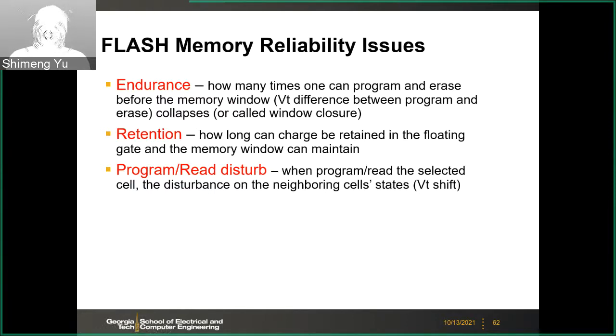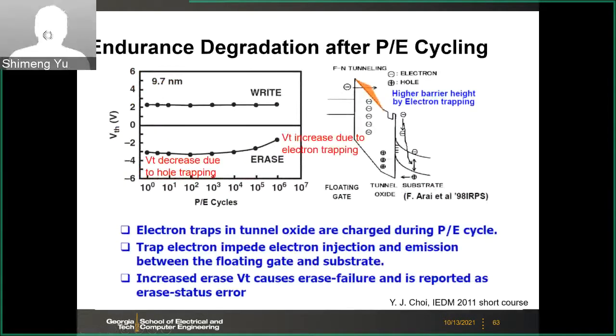This is the data retention. And program read disturb. When you program and read the selected cell, we may have some disturb on the neighboring cells. So the neighboring cells' VTH may shift undesirably. We will discuss these one by one.